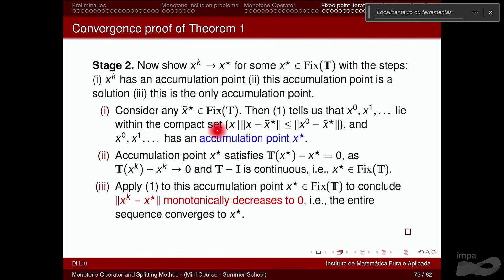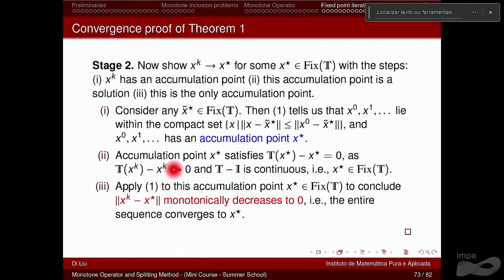The compact set is defined by this. Or we can say that the sequence is bounded. Then we can have an accumulation point x star. Be careful, x star is the accumulation point, and x tilde star is the solution, a point in the fixed point set.